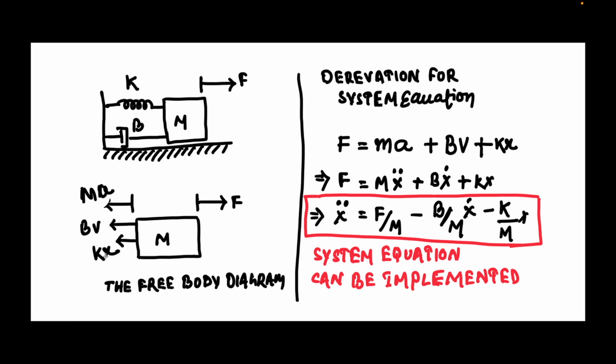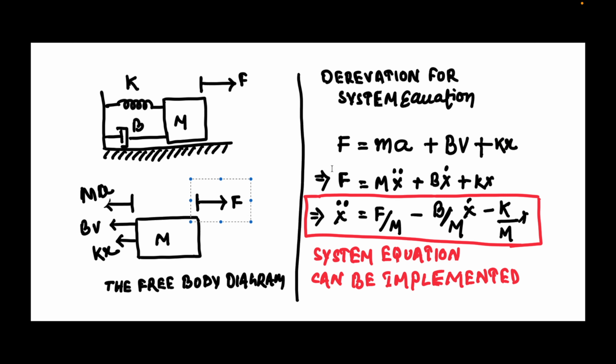So this is the spring force, and this is the overall free body diagram for the system. Based on this, if we derive the system equation, you will have F equal to ma plus bv plus kx.